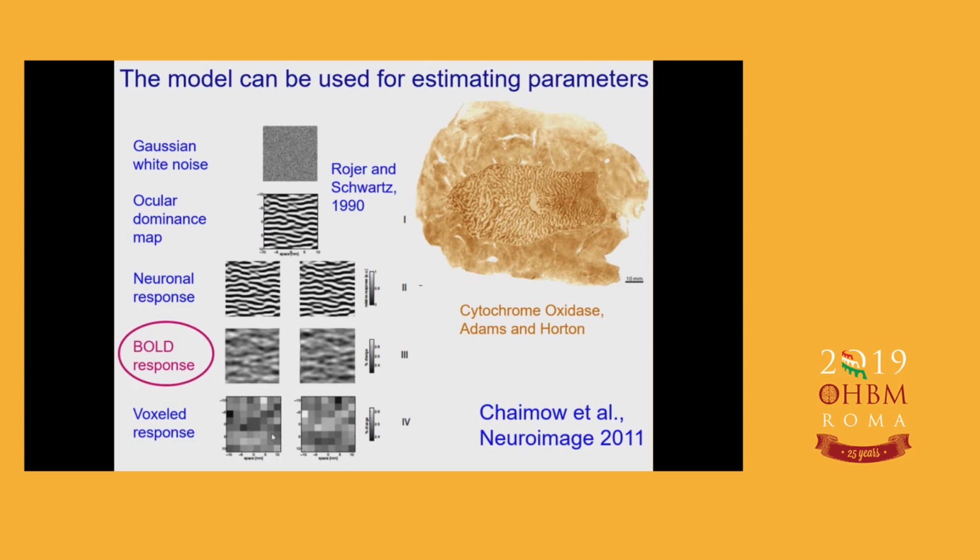Now, we want to use this model. We can fit this model to data and extract specific parameters. In this case, we are interested in extracting the point spread function, not of the imaging process that was presented by David Norris earlier, but the point spread function of gradient echo BOLD and spin echo BOLD, the physiological BOLD point spread function.